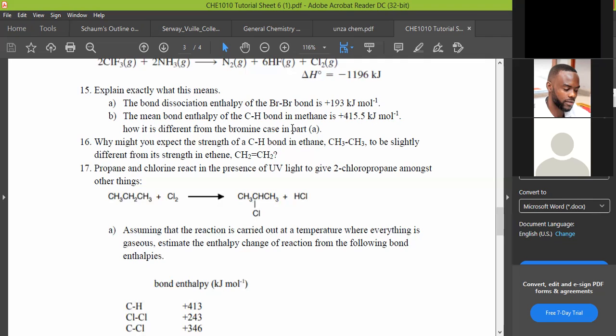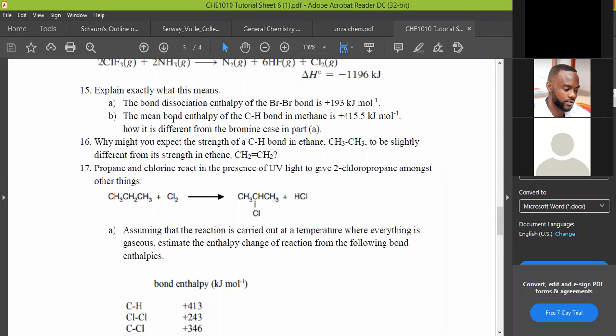This simply means that the average energy contained in the bond between carbon and hydrogen in 1 mole of methane is 415.5 kilojoules. You don't need to put per mole because in your statement you have already put 1 mole. So that caters for that one.